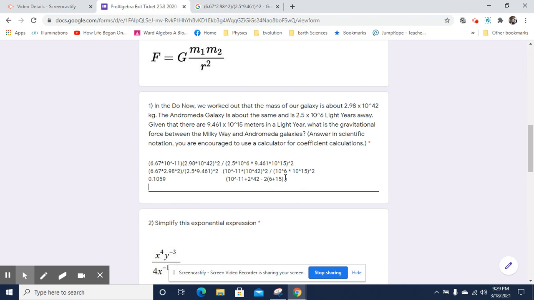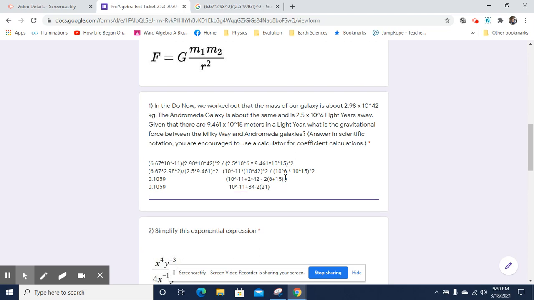And we can start simplifying that. I'm going to leave that there, 0.1059. And over here, we've got 10 to the negative 11 plus 2 times 42, which is 84, minus 2 times 6 plus 15, which is going to be 21.